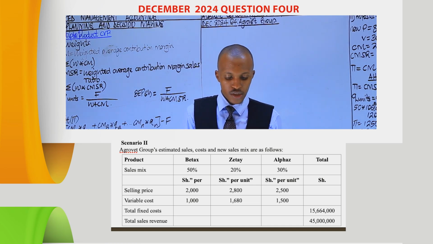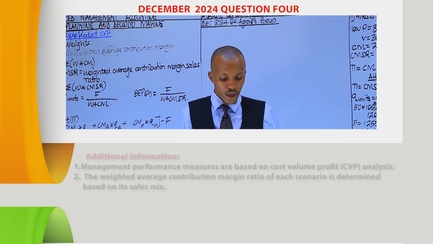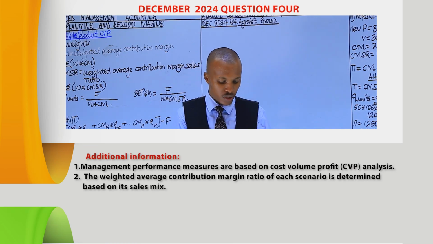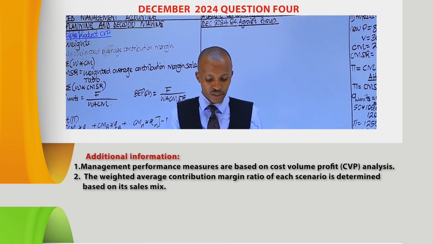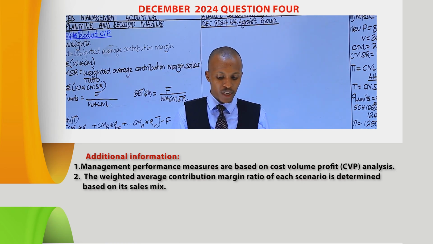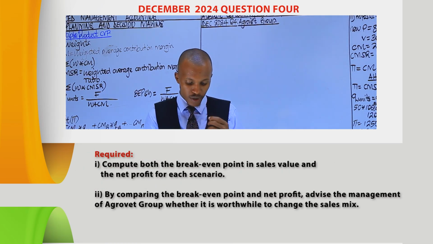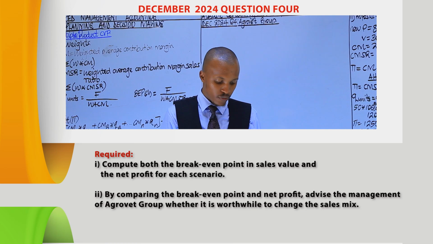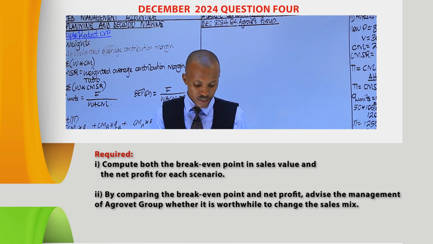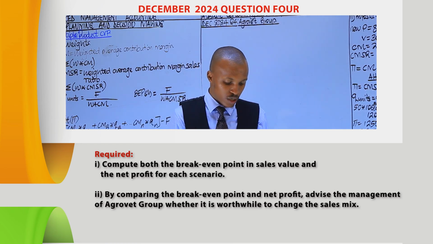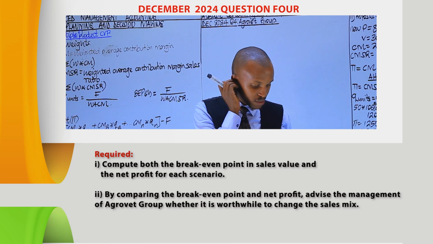Management performance measures are based on cost volume profit analysis. The weighted average contribution margin ratio of each scenario is determined based on its sales mix. Compute both the break-even point in sales revenue and the profit for each. By comparing the break-even point and net profit, advise the management of Agrovet Group whether it is worthwhile to change the sales mix.